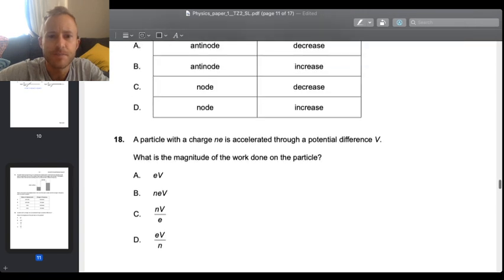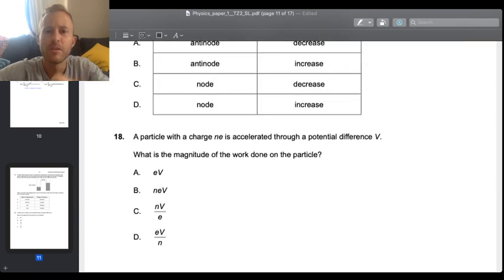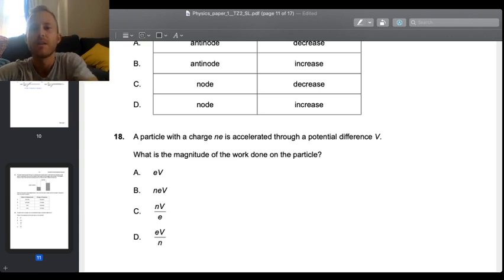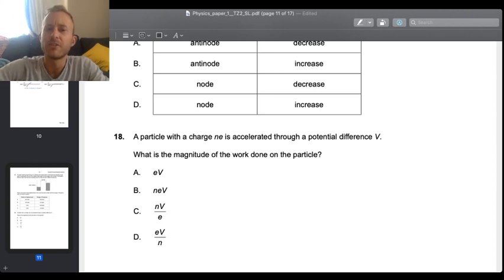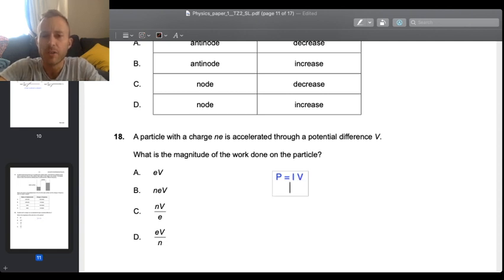Number 18, a particle with charge Ne is accelerated through a potential difference V. What is the magnitude of the work done on the particle? So I would say power equals IV. Power is work done per time.